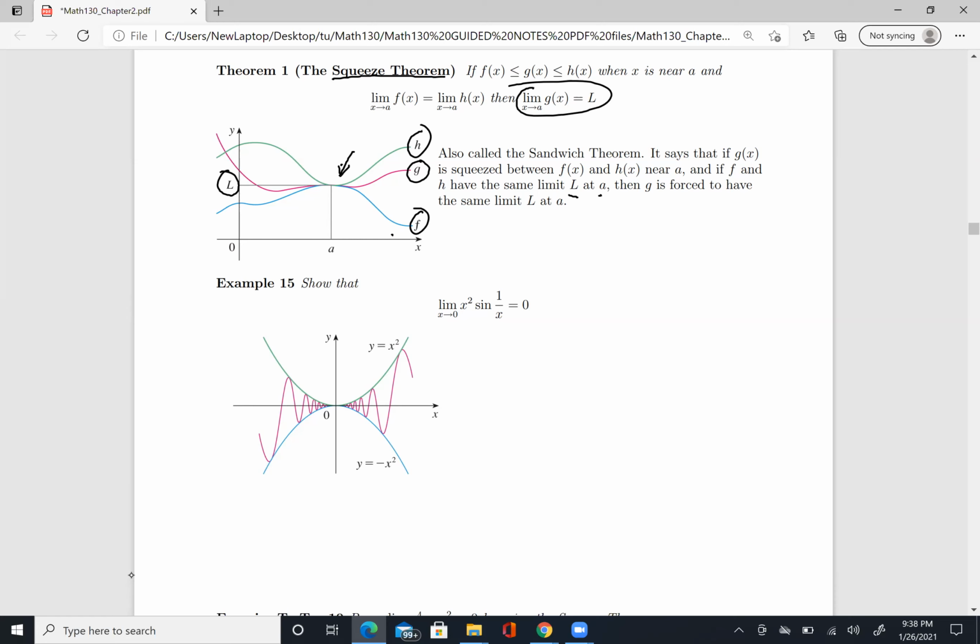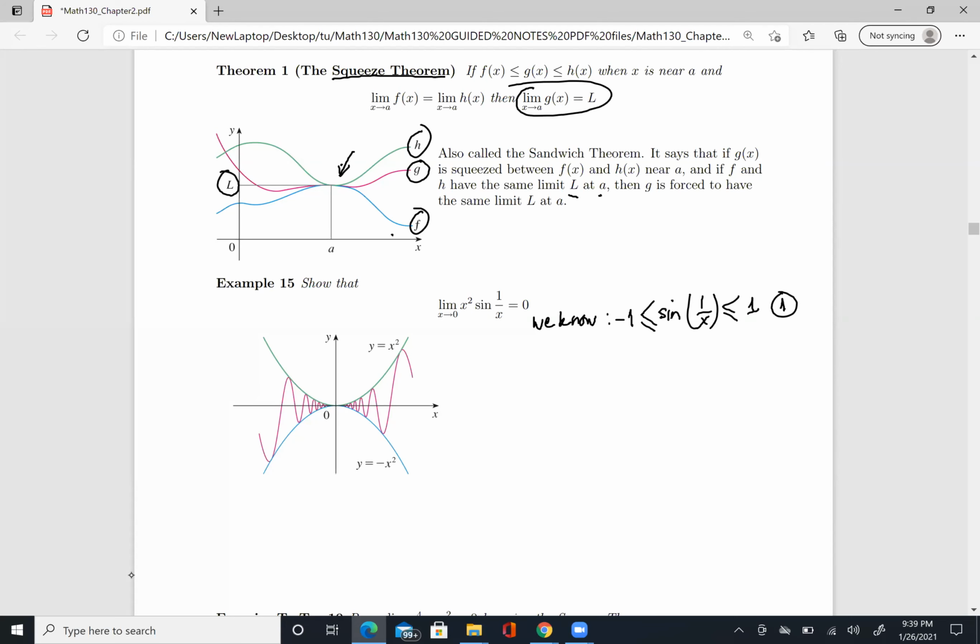So we know that for sine of 1 over x, since it's a sine function, you guys should remember that it is greater than or equal to -1 and less than or equal to 1. Okay. That is our first thing.